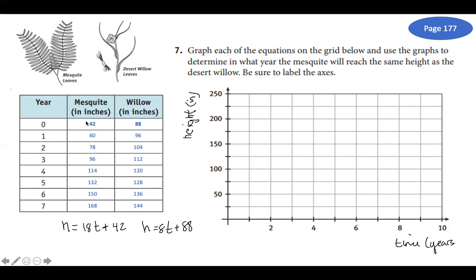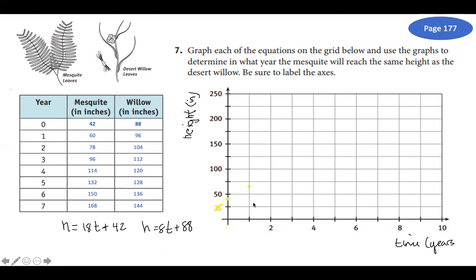So for the mesquite tree, we're going to go with yellow. So 0, 42. Well, here's 0, right? 0, 1, 2. 42 is less than 50. This has got to be 25. Yeah, 25. I don't know, 42 somewhere in there. And then for 1, it's 60.